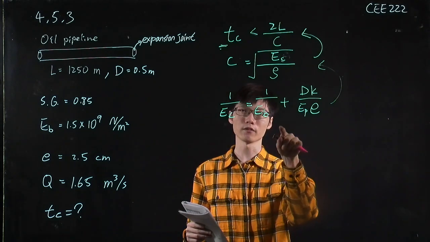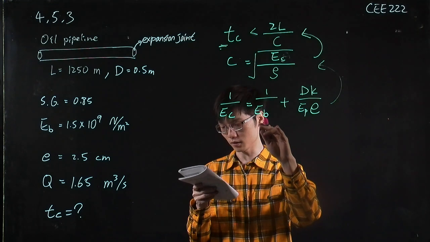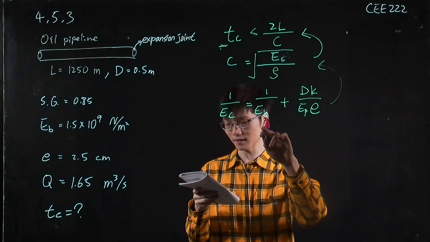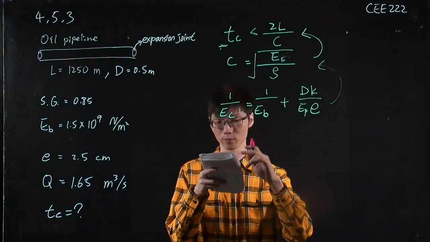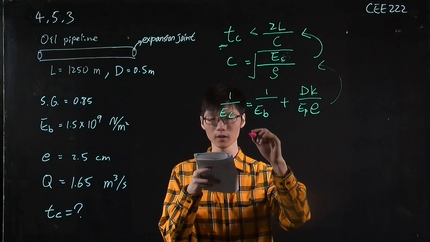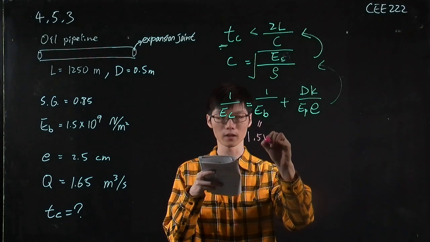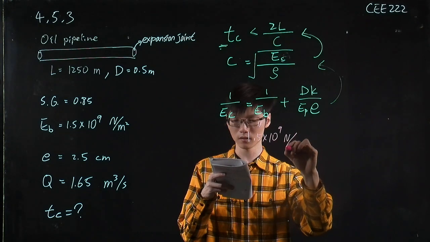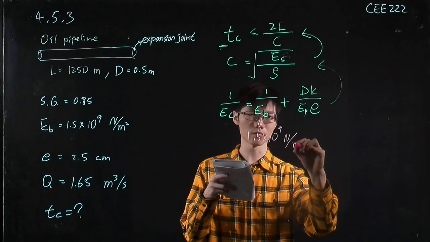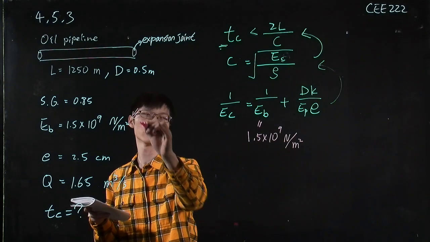Okay, so start with this equation. We know the bulk elasticity of the oil, which is equal to 1.5 times 10 to the power 9 Newton per square meter. Okay, it's here, right?